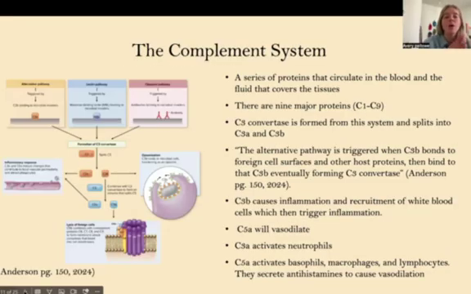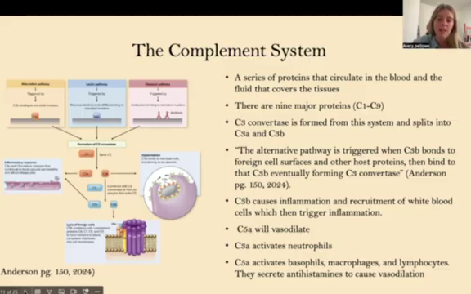And then the complement system is going to talk about all of these C proteins. There are nine major proteins labeled C1 through C9. It's going to be activated through different pathways: classical, lectin, or alternative. And this leads to the formation of C convertase, which splits C3 into C3a and C3b. So C3a will activate neutrophils and contribute to inflammation.